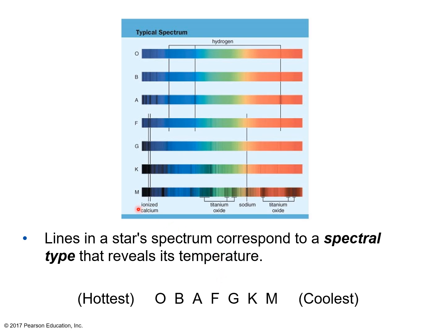You can see here with M, the coolest type of stars, we can see titanium oxide right there. That's a molecule which is only going to exist at cooler temperatures. What you should know is that stars are classified by spectral type from hottest to coolest in this order: O, B, A, F, G, K, M.